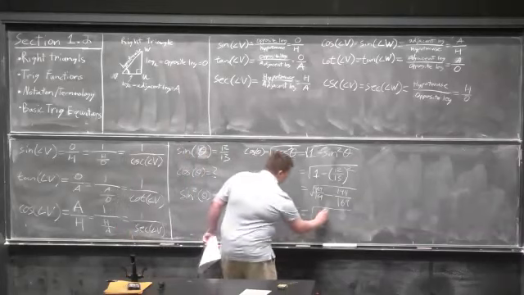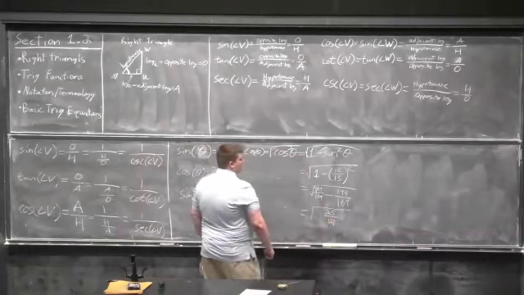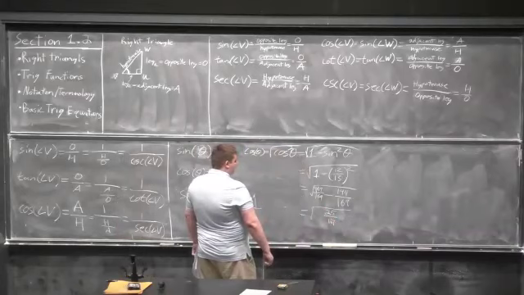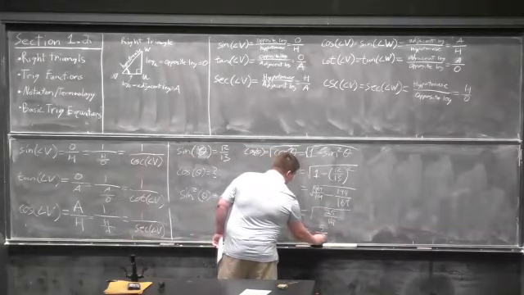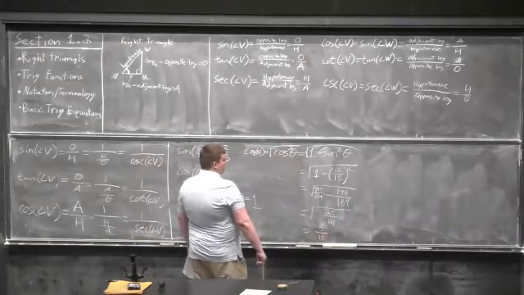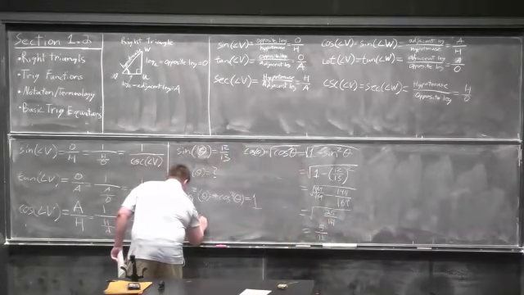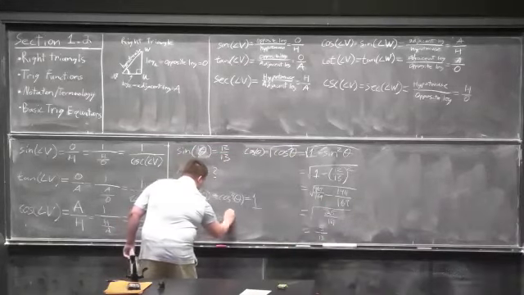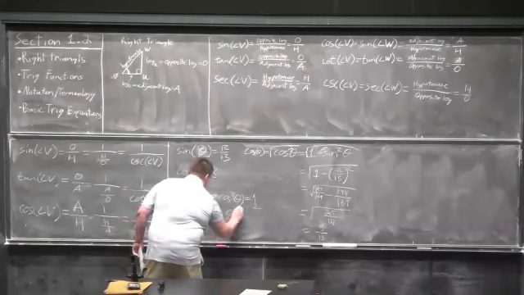That is 25 over 169. Square root of 25 is 5. And square root of 169 is 13. So I end up getting that cosine of theta is equal to 5 divided by 13.